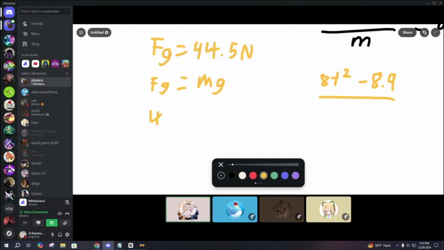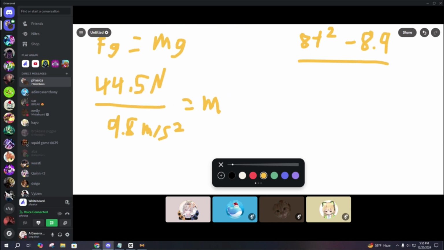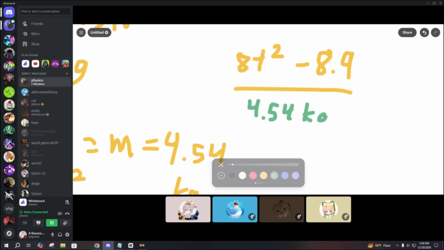So if I do Fg over g, 44.5 newtons over g, which is magnitude 9.8 meters per second squared, that gets me my mass, which equates to 4.54 kilograms. So, bye-bye, 4.54 kilograms.